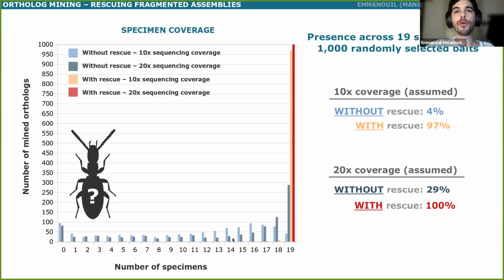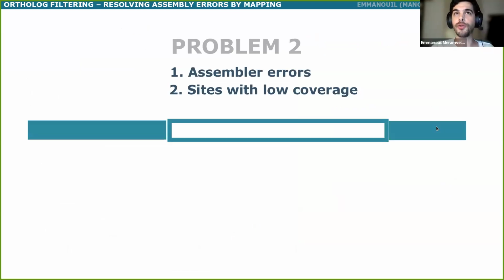So with blue, you can see what we were getting, and with red and orange, what we got after the rescue approach. And in one case, we got 100% of 1,000 randomly selected baits across all 19 specimens. And with 10x, we got almost all, 97%. However, the question here is, what is it that you are assembling?